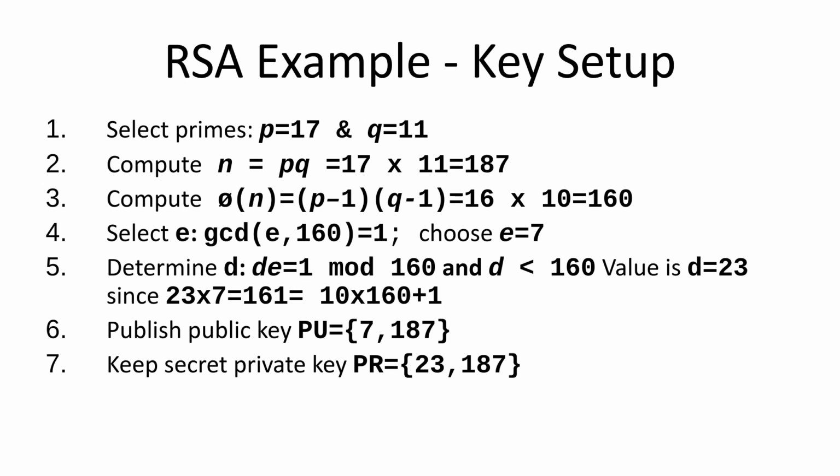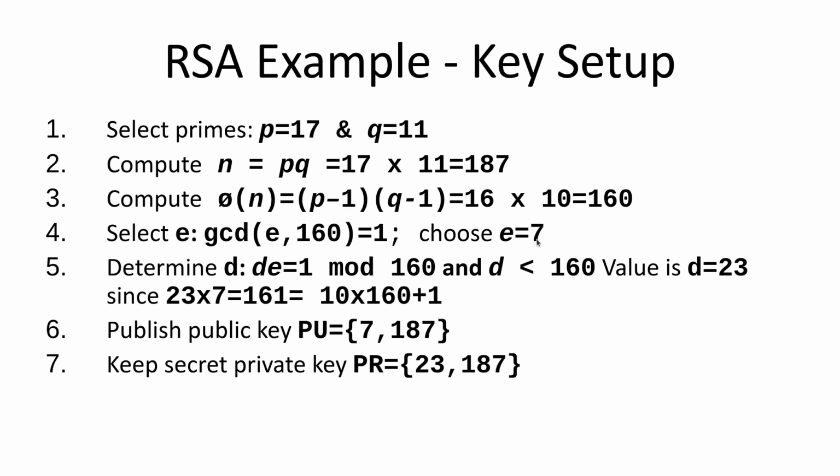Just use your scientific calculator to find whether GCD of 7 comma 160 is equal to 1. If it is equal to 1, then you can choose 7. Here it is equal to 1, so E is equal to 7.